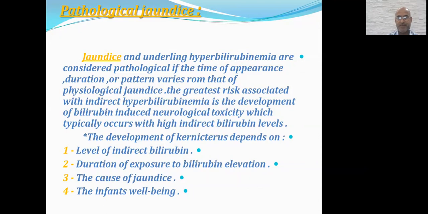So our job in this aspect is to prevent a high elevation of the bilirubin level, and then we prevent the more serious sequela, kernicterus. Of course, the development of kernicterus depends on the level of indirect bilirubin, the duration of exposure to the bilirubin elevation, the cause of jaundice, and the infant's well-being.